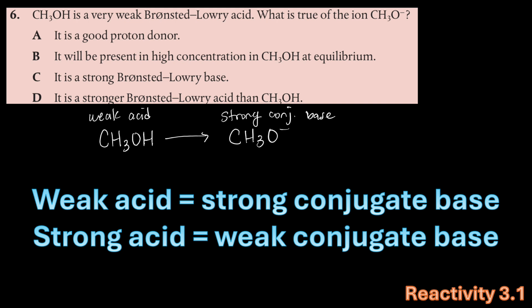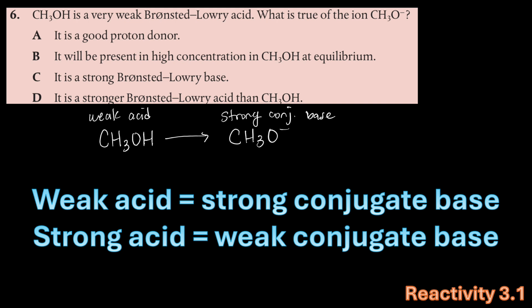And the definition of a strong conjugate base is that it has a high affinity for H+. So the conjugate base of a weak acid, like CH3OH, is going to have a strong tendency to accept H+ ions and reform the weak acid.